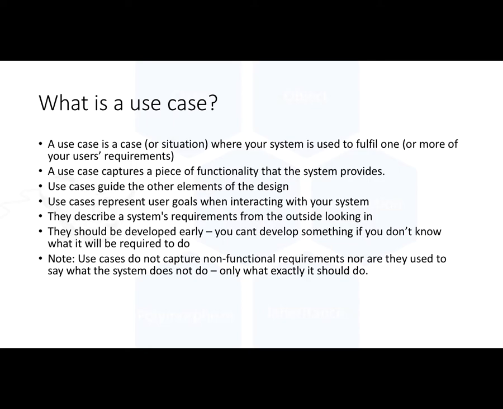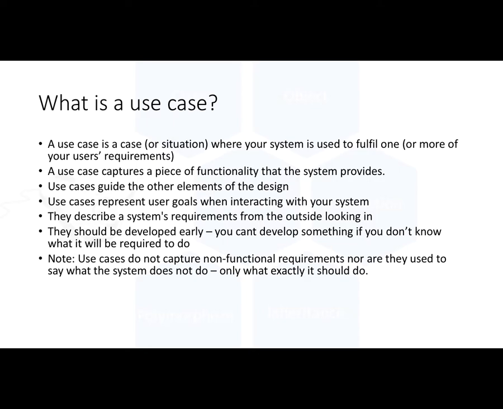Because remember, agile development says you want to develop complete parts. You want to have a running system after each sprint or each iteration is complete. And so you want to figure out what the deliverables are and how you are going to divide them up. The architecture is a good place to start in order to do that.